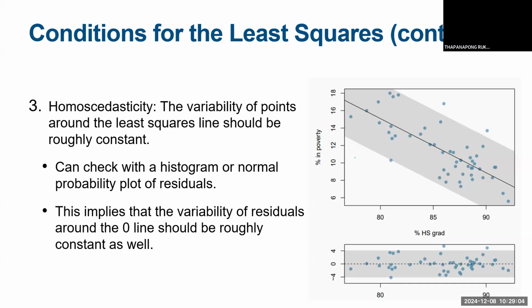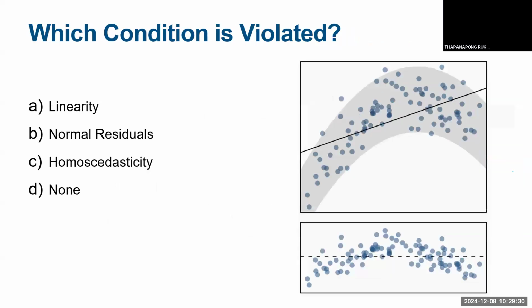It means that as you move along the line, the density of the residue should be roughly constant. The case that is not constant is something like this.